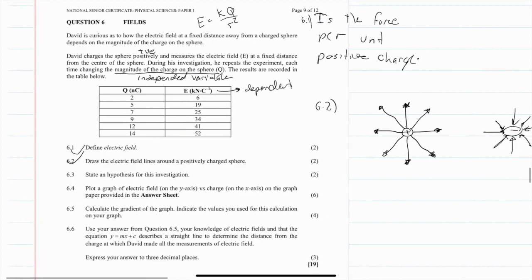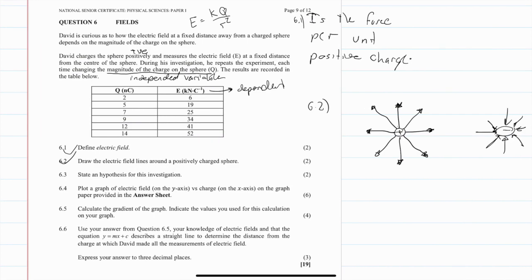Cool stuff. Then it says state a hypothesis for this investigation. So we've already identified the independent and dependent variable, right? We know that the independent variable is the magnitude of the charge on the sphere, and we know that the dependent variable is the electric field.